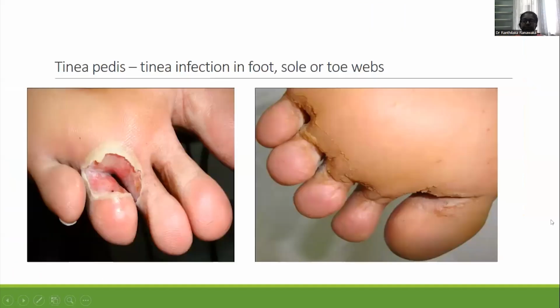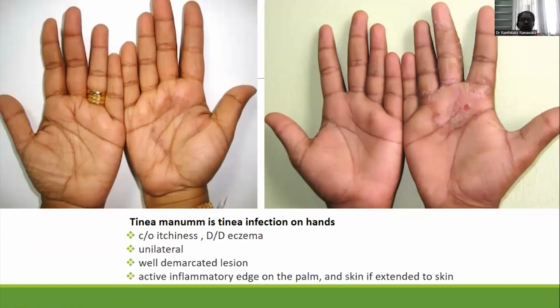Right? So tinea infection on the feet, you call it tinea pedis, right? On hands, tinea infection on the hands or palms, we call it tinea manuum. They come with a very itchy lesion. Again, differential diagnosis is eczema, but this is unilateral.